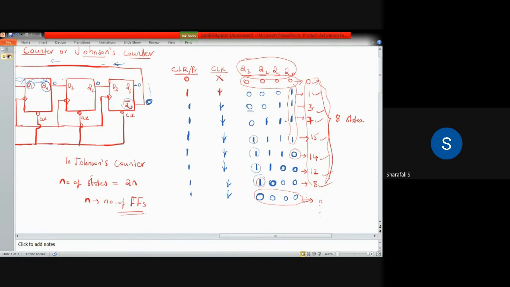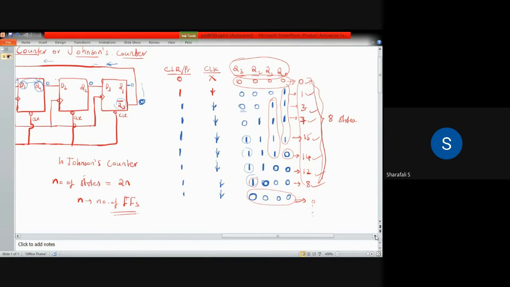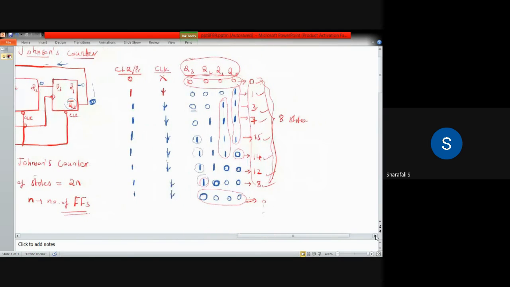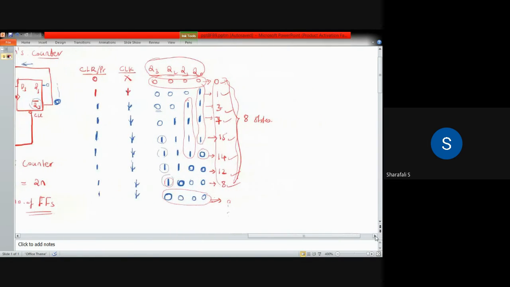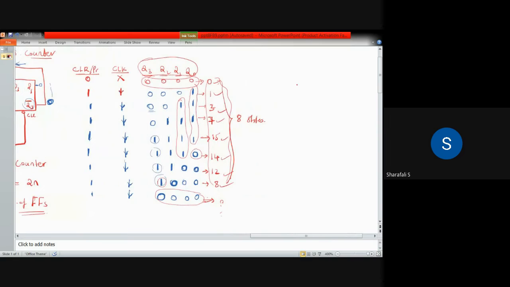Similarly, Q1 will be 1 for 4 clock pulses after the next edge. I don't think it is necessary to show all, because you can draw it by yourself. I will just show 1 or 2 of them.